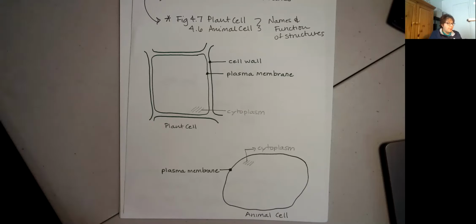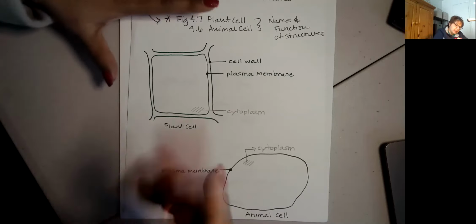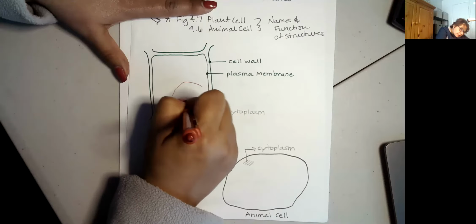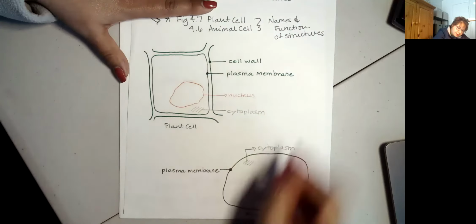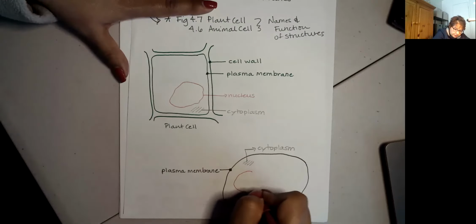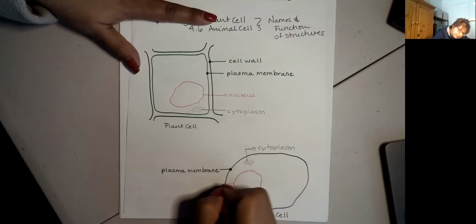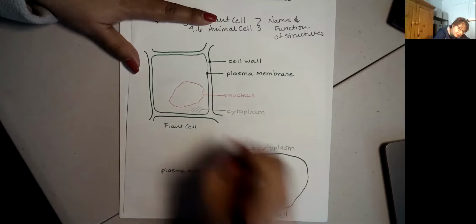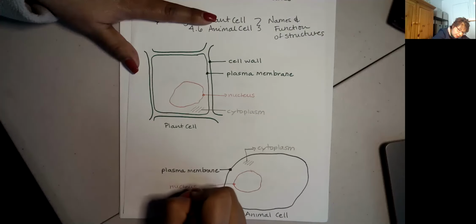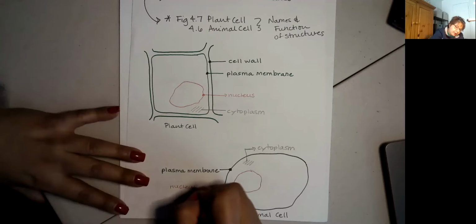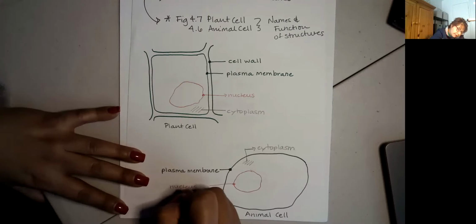The most prominent thing that you can see inside of both plant and animal cells is this big, huge structure called the nucleus. So I'm going to draw a nucleus here. Both plant and animal cells contain what's called a nucleus. The nucleus is the bag which holds the DNA of the cell.